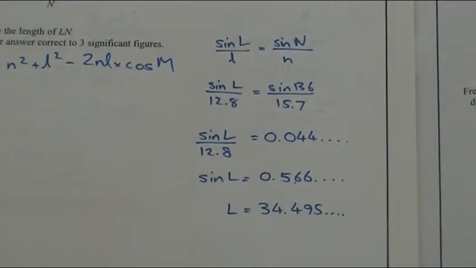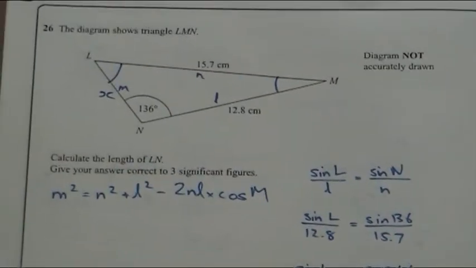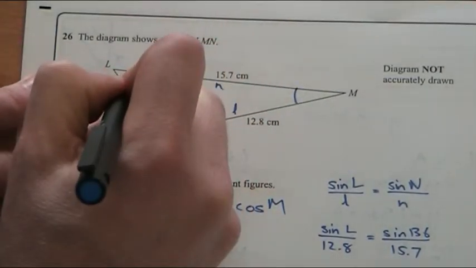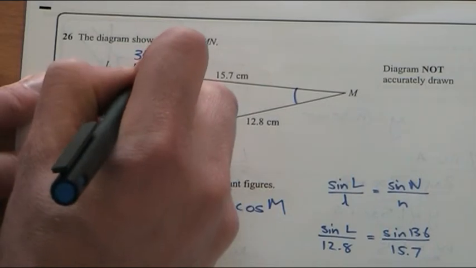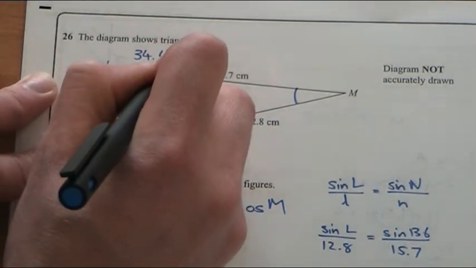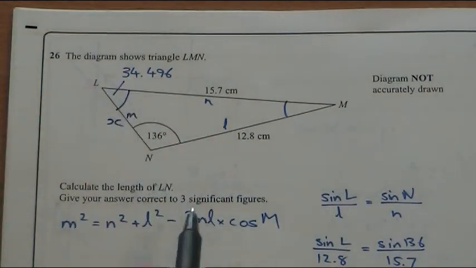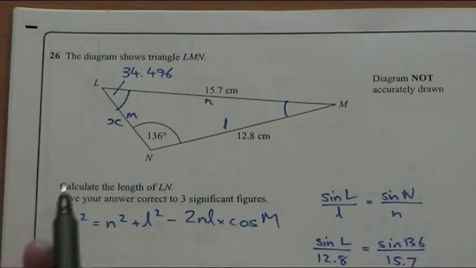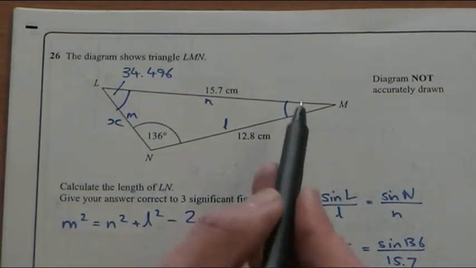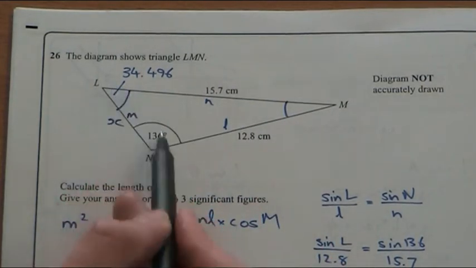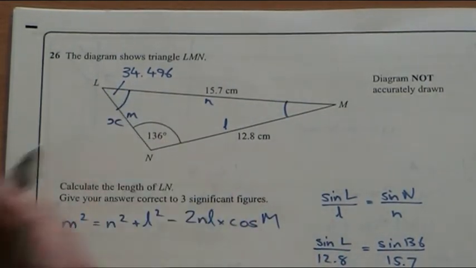Right, so what I've actually just done is I've now found that angle. So that is 34.49. I'm going to just round it now, actually. I've made it to 3 decimal places, and the question wants 3 significant figures, so I shouldn't be upsetting my accuracy too much. Now, in the original one, I needed this one, but I have this and this, so I can actually work this one out now.